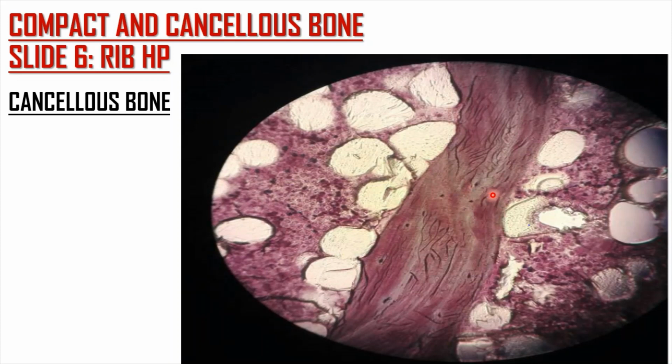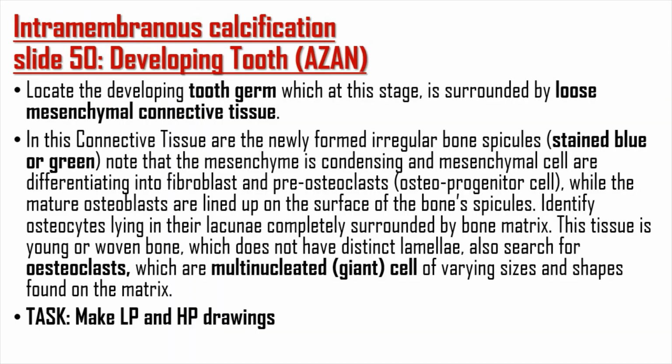Show that inside the lacunae there are osteocytes. In the peripheral spaces here, we've got cells, although they're not visible, that are known as osteoclasts. So draw this slide, which is a cancellous bone at high power only.